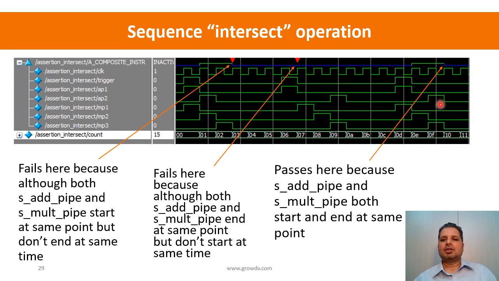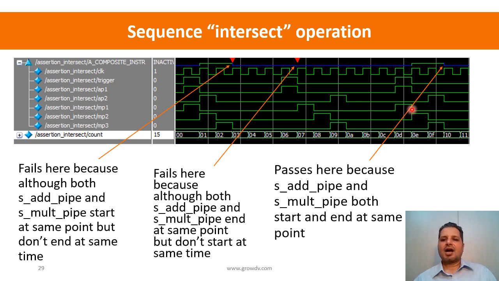And then on the count of F the AP2 has showed up, which satisfies the add sequence, because we have 1 to 3 clock delays, and then we have MP1 followed by MP2 followed by MP3, and that MP3 happens to be the end point for the mult sequence, and the AP2 happens to be the end point for the add sequence, and both of them are coming on the same sampling event.